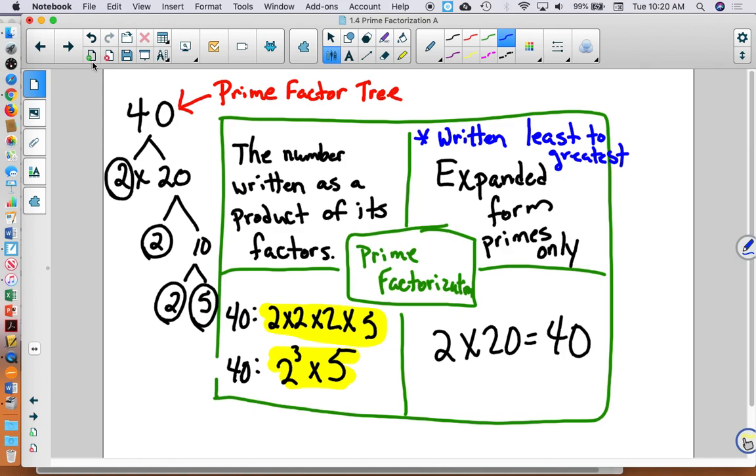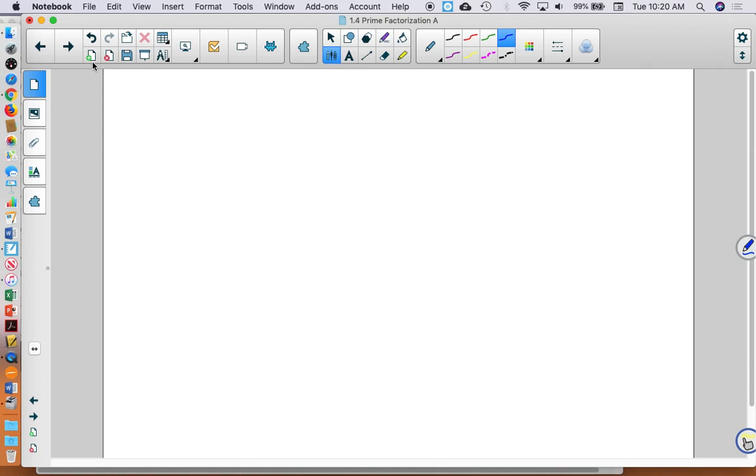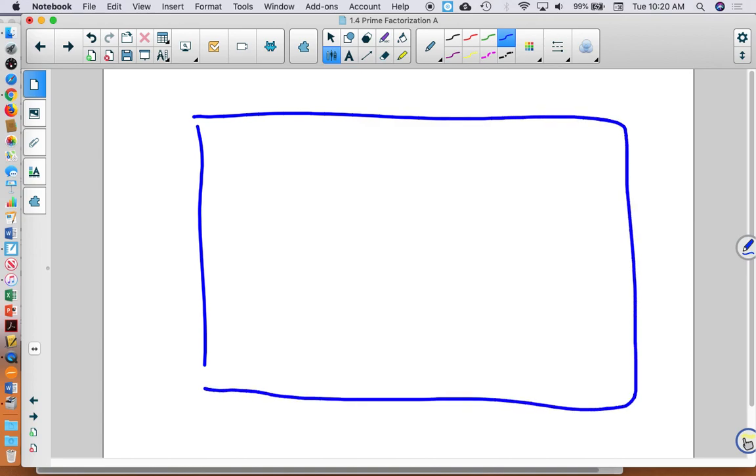All right, so prime factor tree. Let's go. We need another box. And the word that we need there is factor pair. It's 2 words technically. Factor pair.